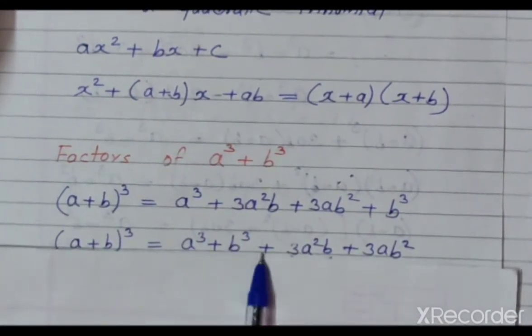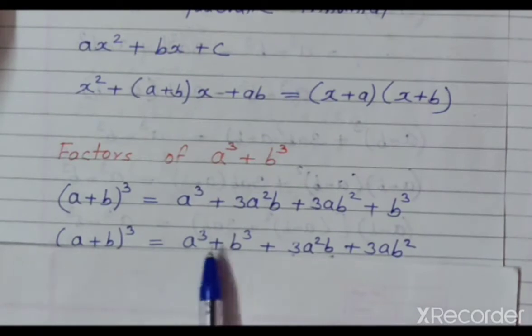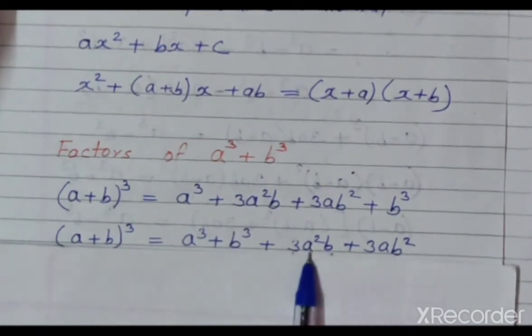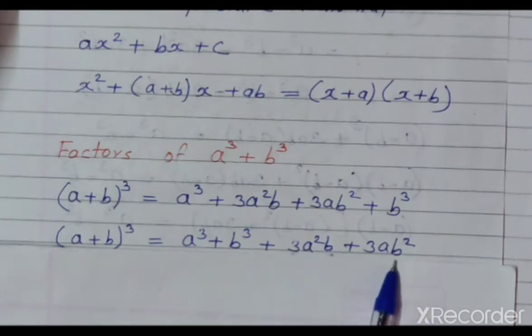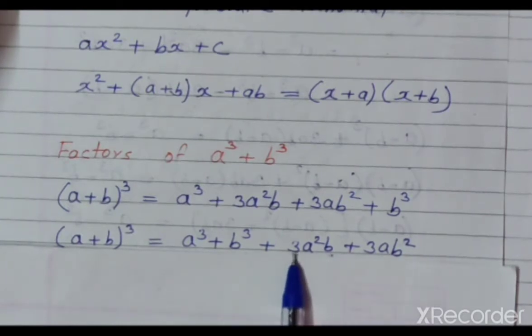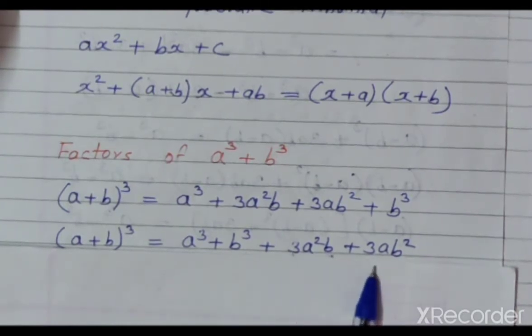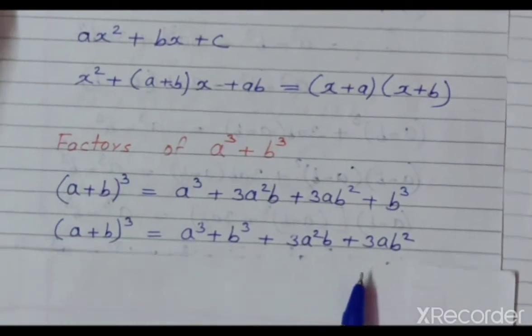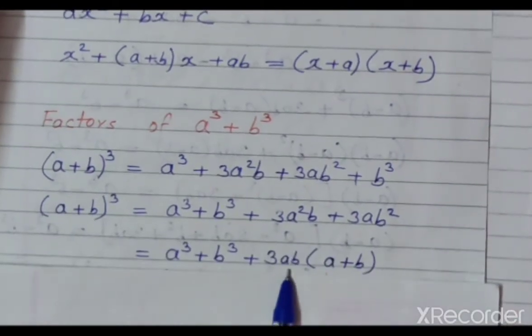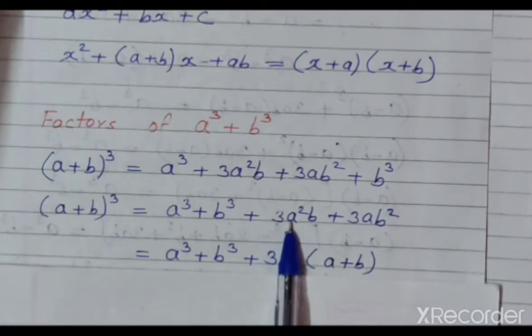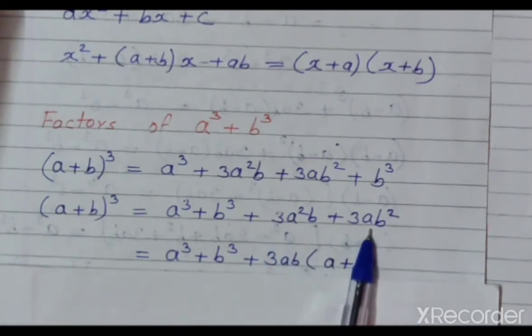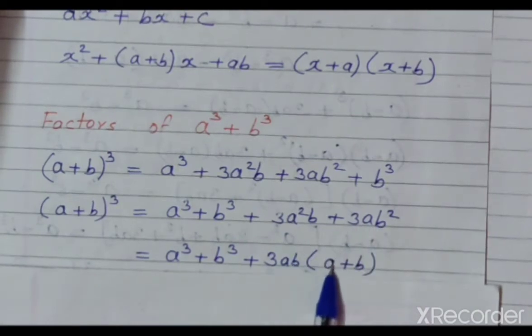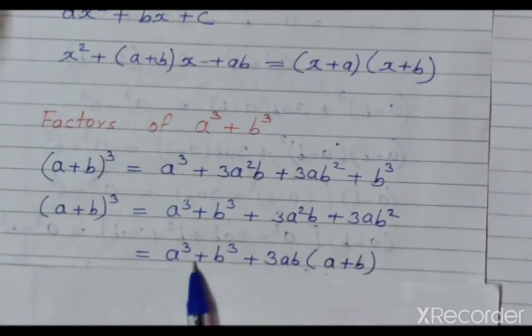I take the other two remaining terms together. From these last two remaining terms we can take 3ab as a common term. So the remaining factors are a and b, therefore (a + b).